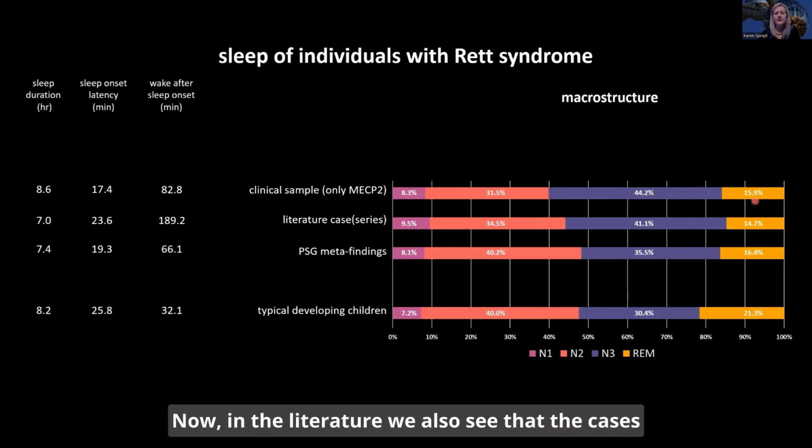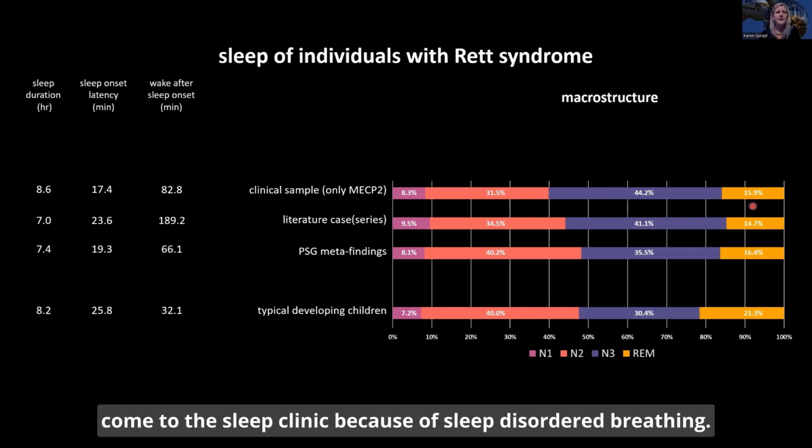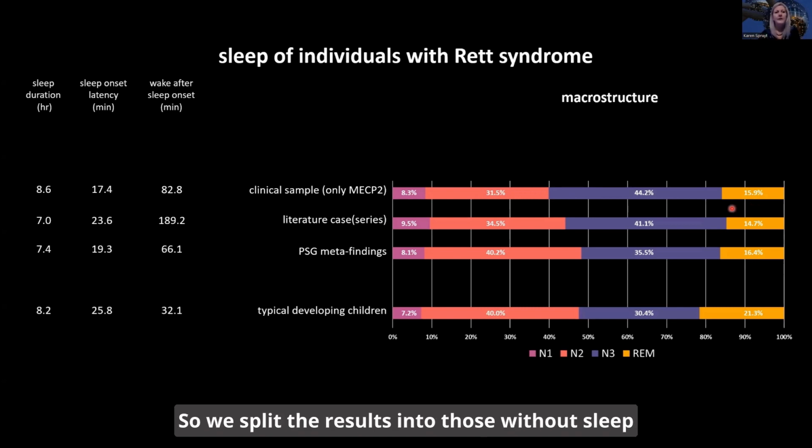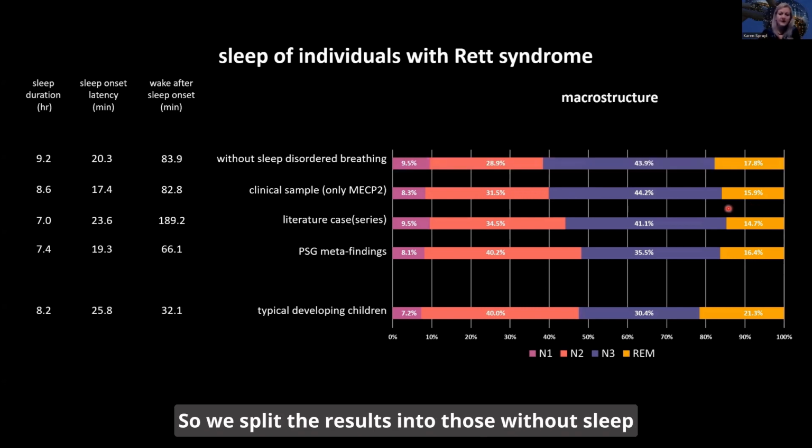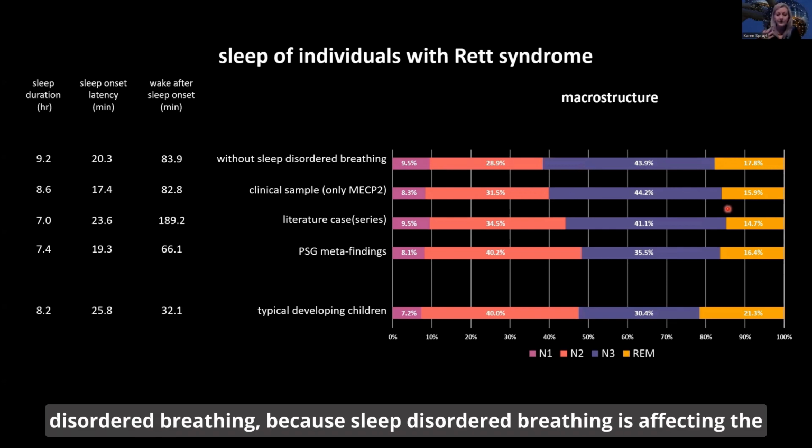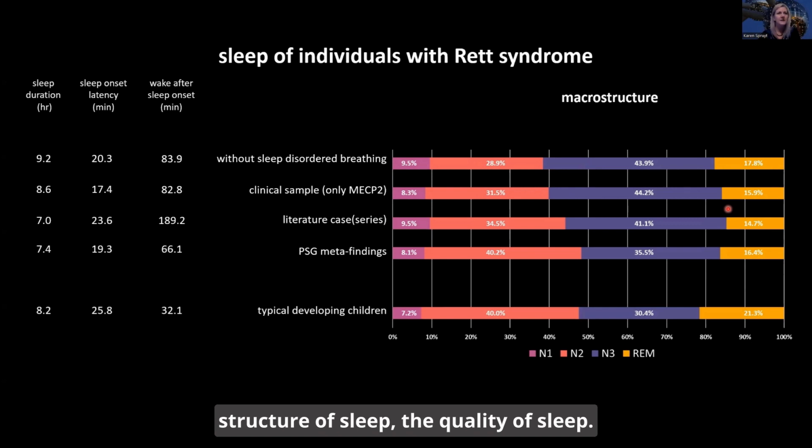Now, in the literature, we also see that the cases or the reports are on children or on adults that come to the sleep clinic because of sleep disordered breathing. So we split the results into those without sleep disordered breathing, because sleep disordered breathing is affecting the structure of sleep, the quality of sleep.